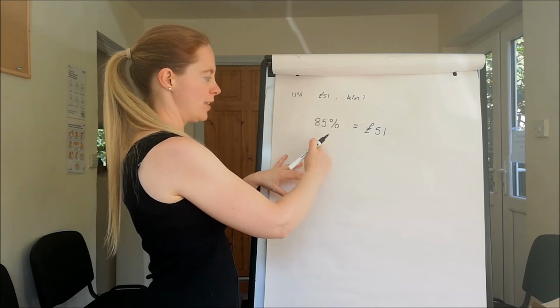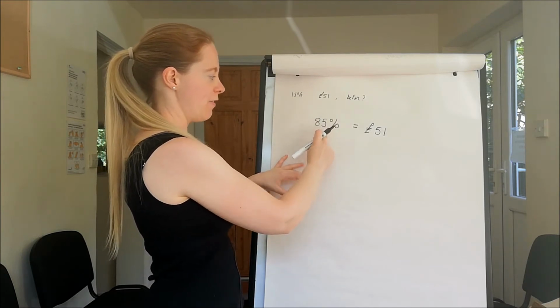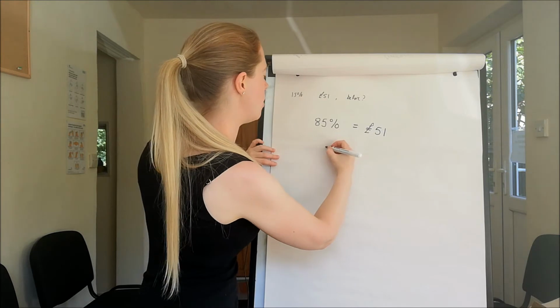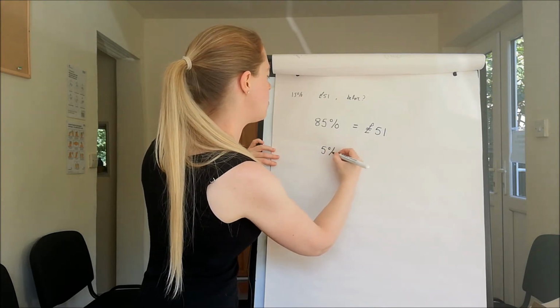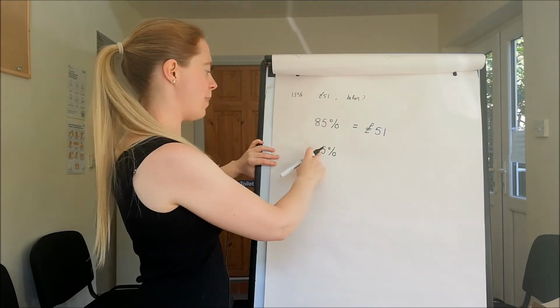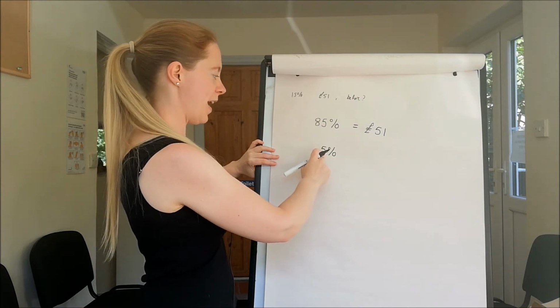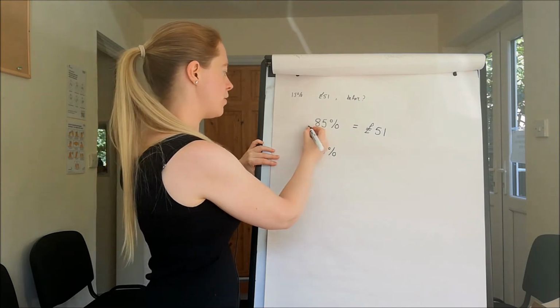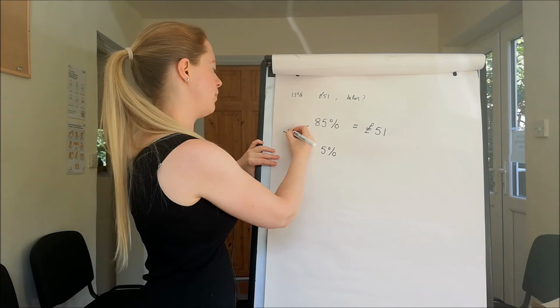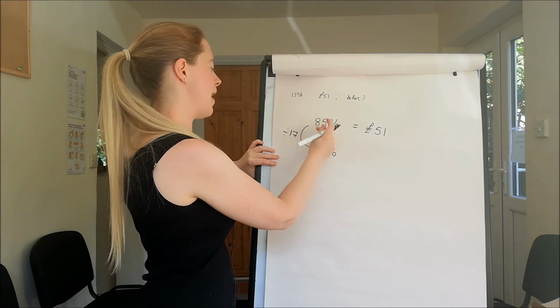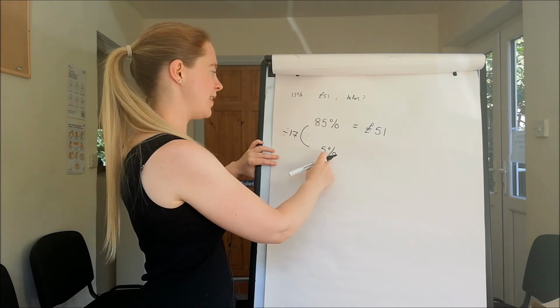85 must divide by 5 because it ends in a 5 or a 0. So I could divide 85 by something to give 5%, and that something is 17. So if I divide 85% by 17, I get 5%.